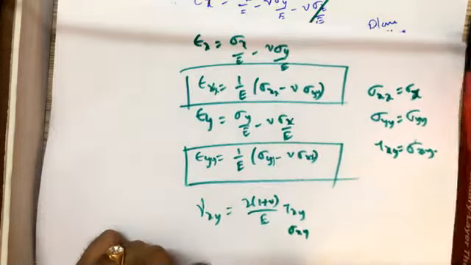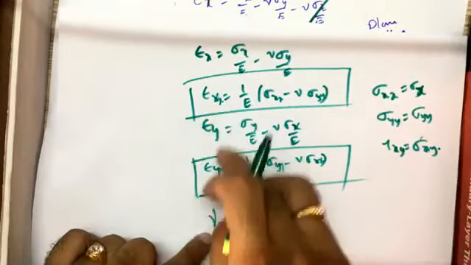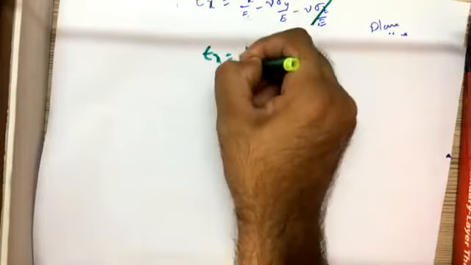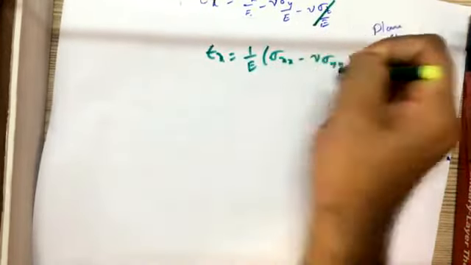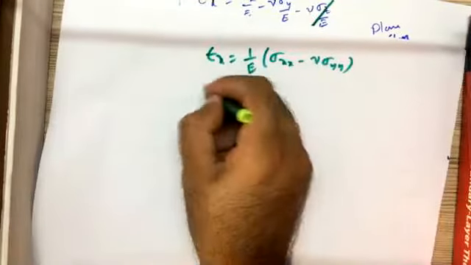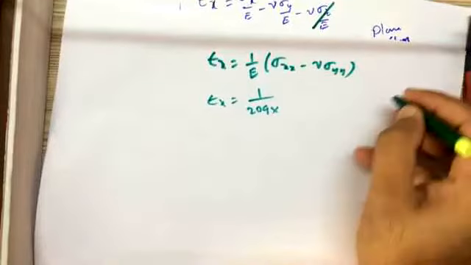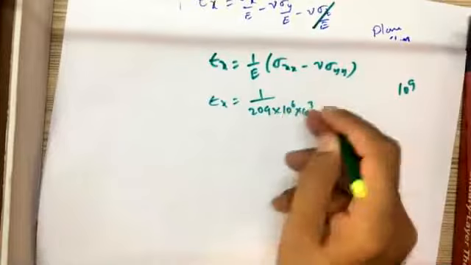Let us first solve for epsilon x. Epsilon x is equal to 1 by E into sigma xx minus mu sigma yy. What is the E value? 209 gigapascal. Giga is 10 to the power of 9, so I'll write it as 10 cube into 10 cube into 10 to the power of 6.